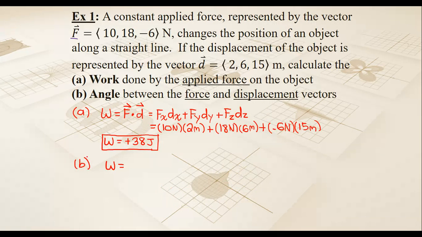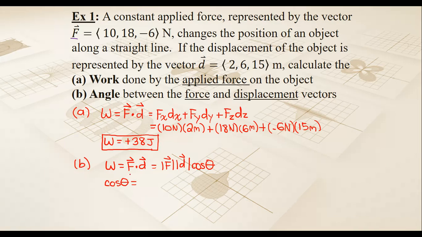So work is F times D, but another way to calculate that is the magnitude of the force vector times the displacement vector times cosine of theta. What I want to do is get cosine of theta isolated.